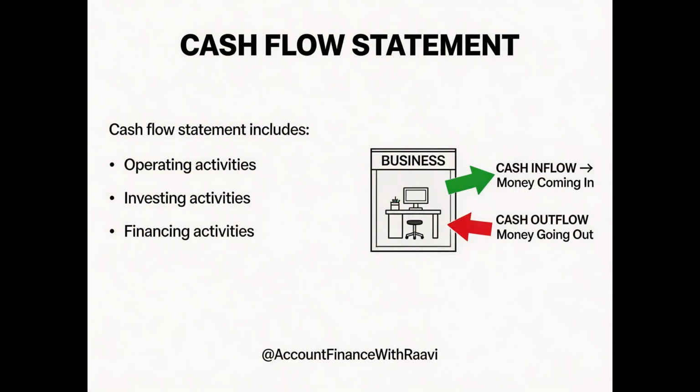Then we will be preparing another major statement, that is the cash flow statement. We cannot evaluate the performance and the position of the company only by considering the profits or assets or liabilities. We need to know how much cash the company is generating, how the company's cash is coming in, and how the company's cash is going out.